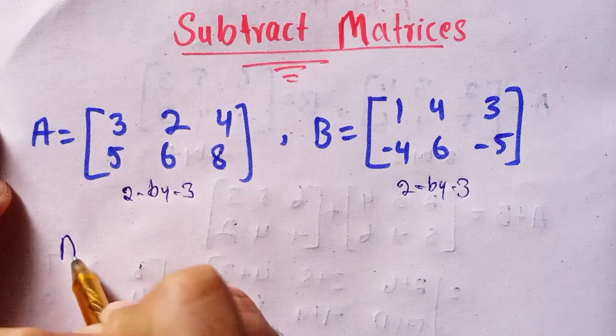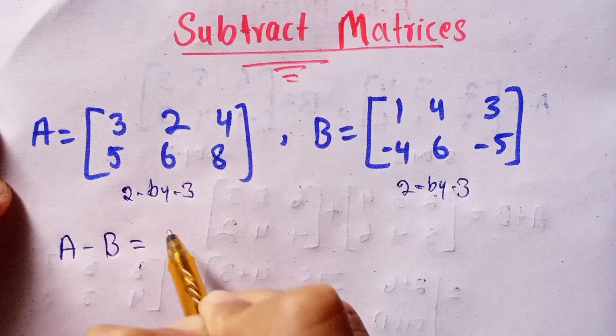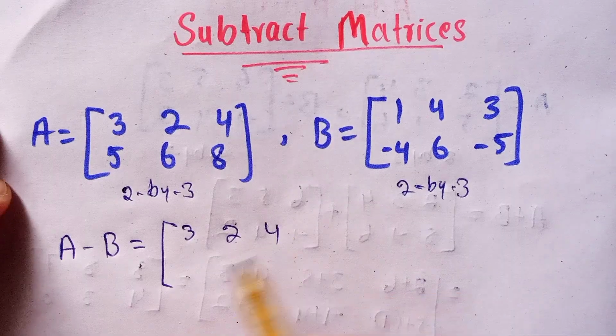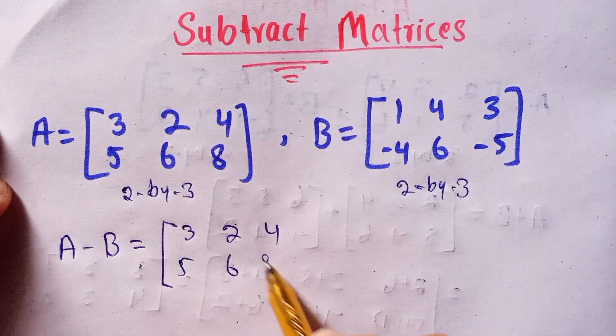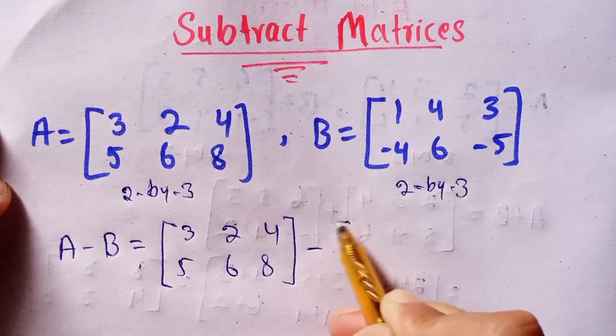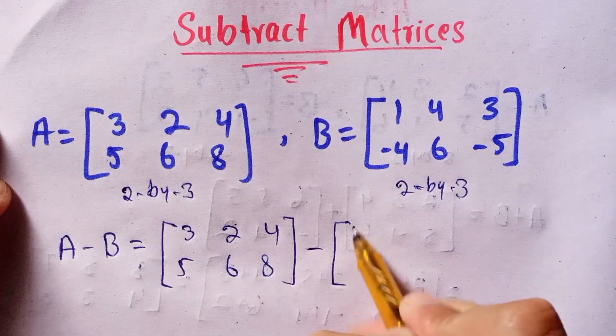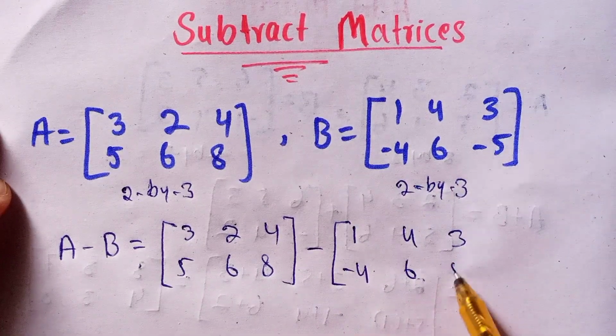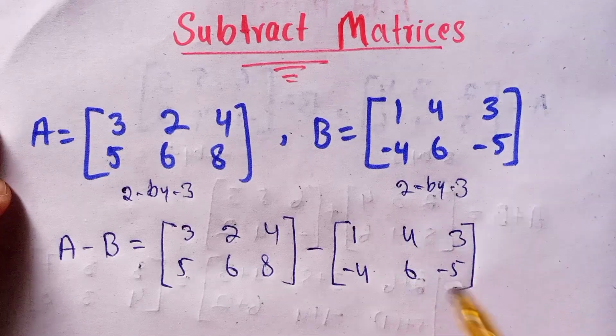A minus B will be equal to matrix A, which contains the elements 3, 2, 4, 5, 6, and 8, minus matrix B, which contains the elements 1, 4, 3, negative 4, 6, and negative 5. Right?